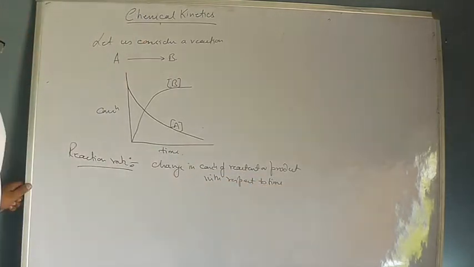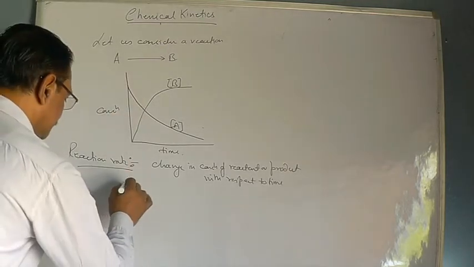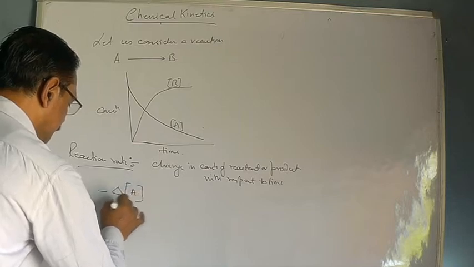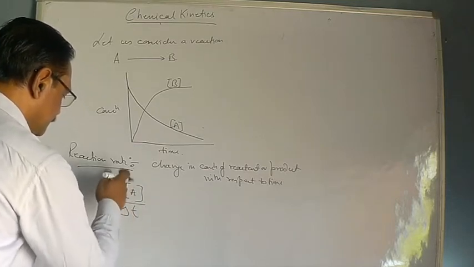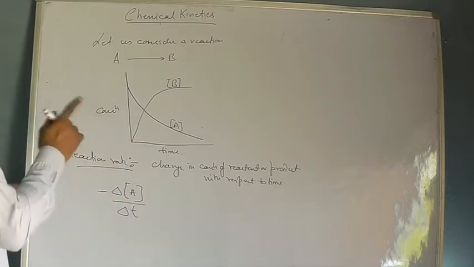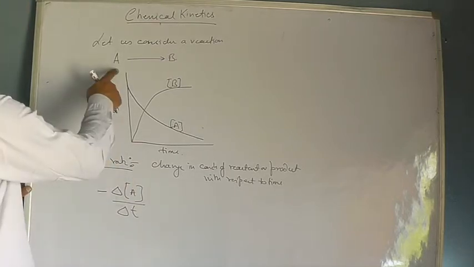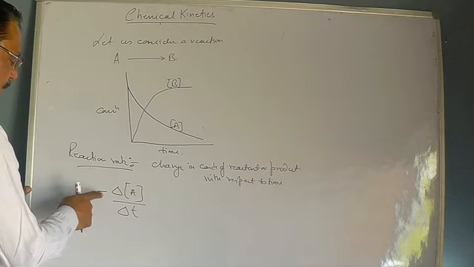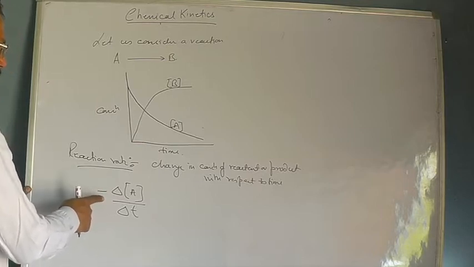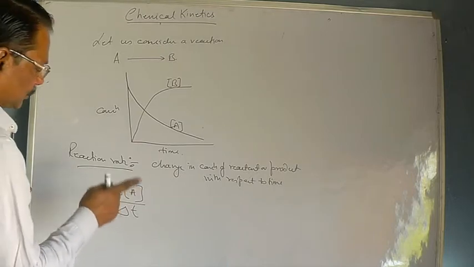So how are we going to write it? For reactant, we will write minus delta A upon delta T. Class, delta represents molar concentration. And since the rate can never be negative, for reactants we always take a negative sign over here. This negative sign only indicates that the concentration of A goes on decreasing with respect to time.